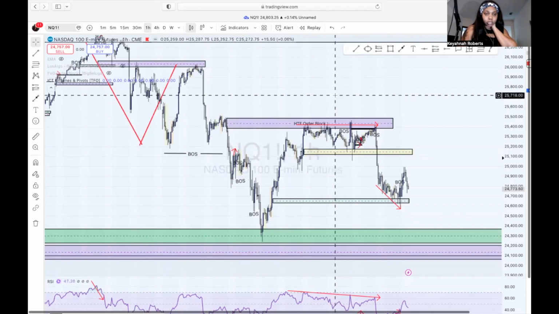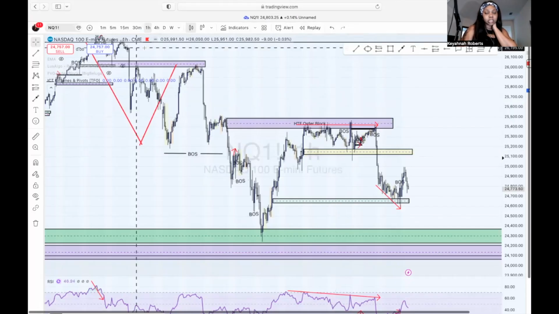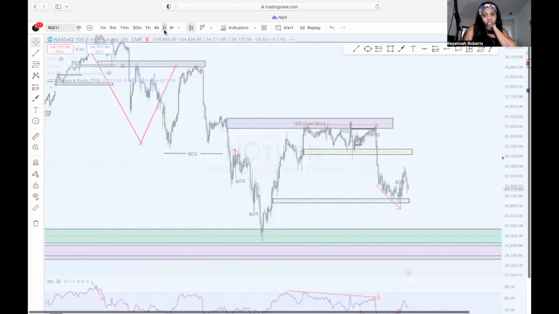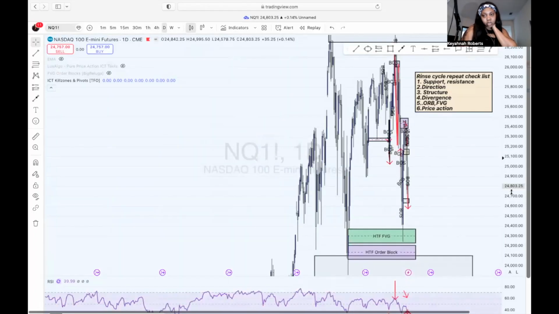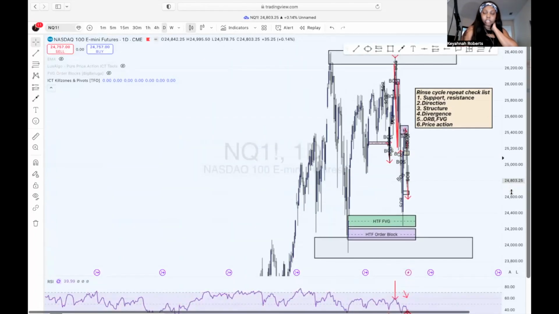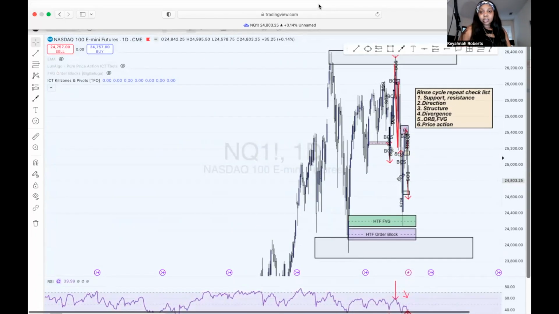But I've got to do my top down analysis first to see what that's going to be for the week. So that was my trade breakdown that I took last week with NASDAQ.